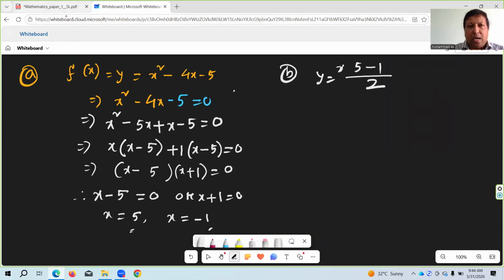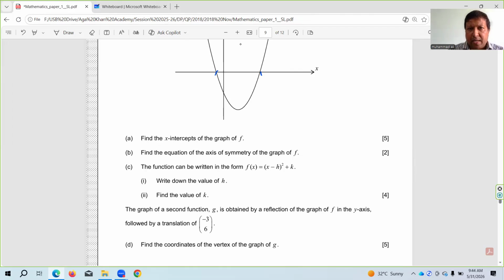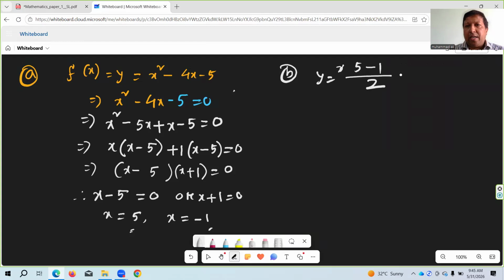This is the equation of the axis of symmetry. That means this line is the axis of symmetry. We add the two x values and divide by 2, so we get 4 divided by 2. So the axis of symmetry will be 2.